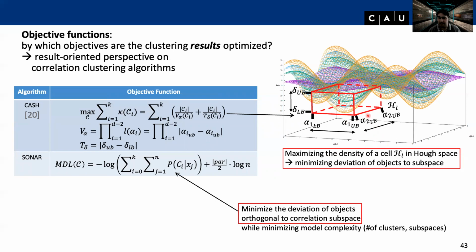So this is like a cell, this red box that you see here in Hough space. And by maximizing the density, it means, again, you want to have this box as small as possible while having as many functions as possible intersecting it. And having a smaller box means minimizing the deviation of objects to a subspace, because it means the alpha 1 upper and lower bound gets smaller, or alpha 2 upper and lower bound gets smaller.